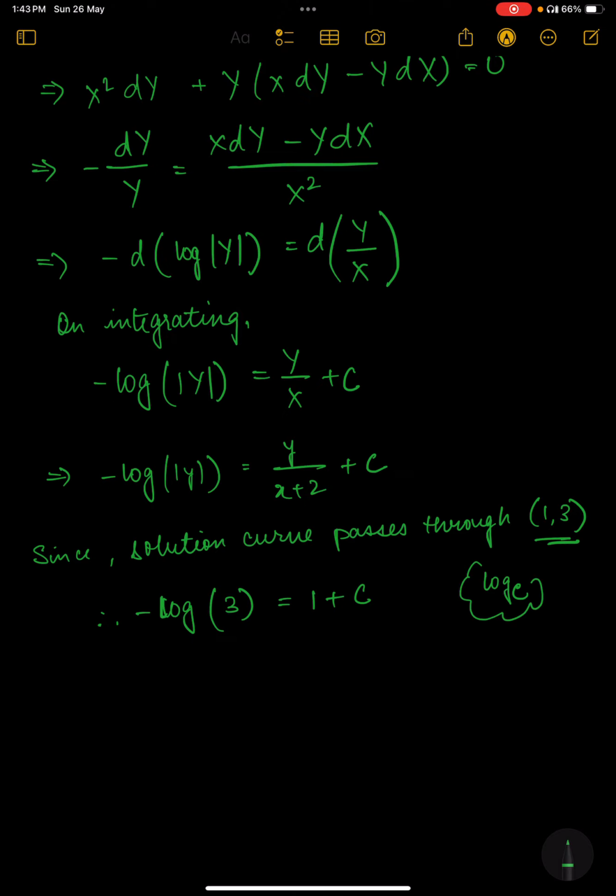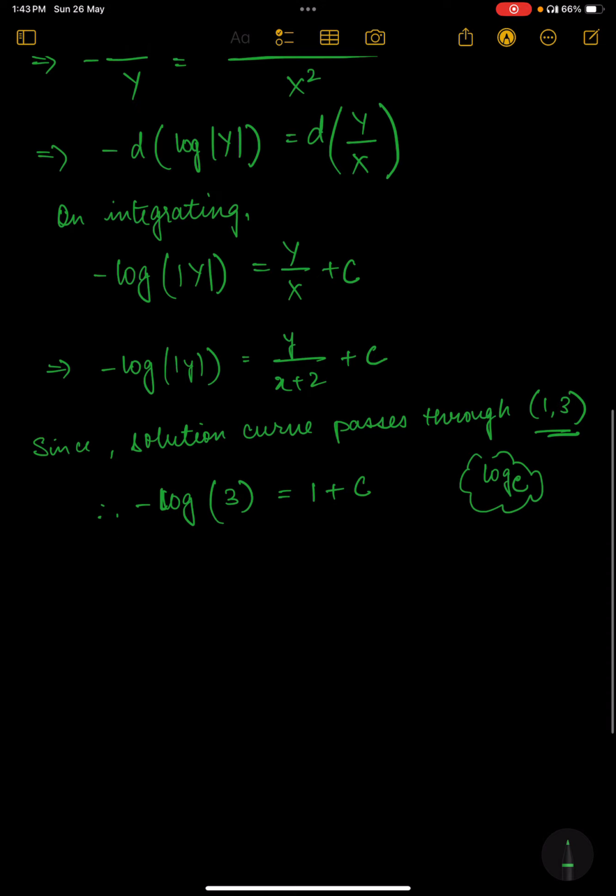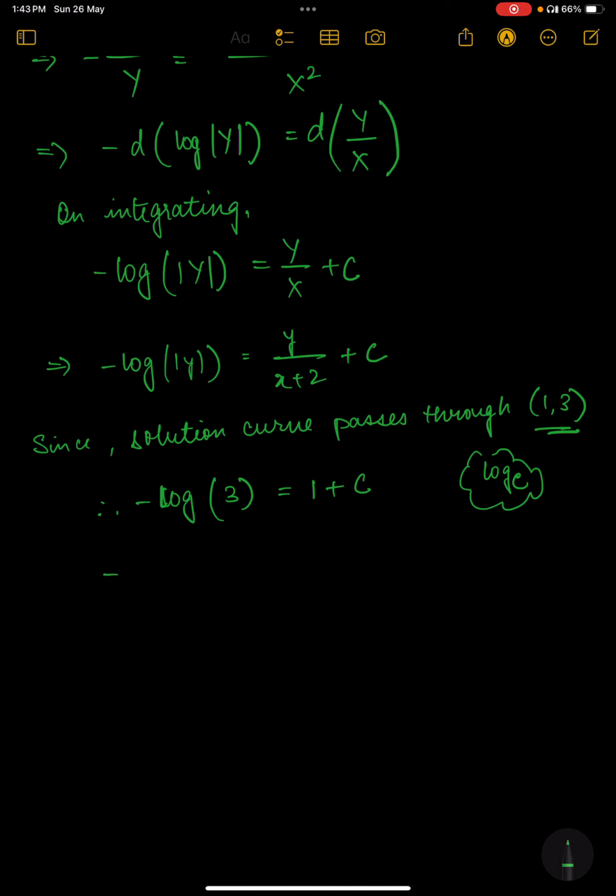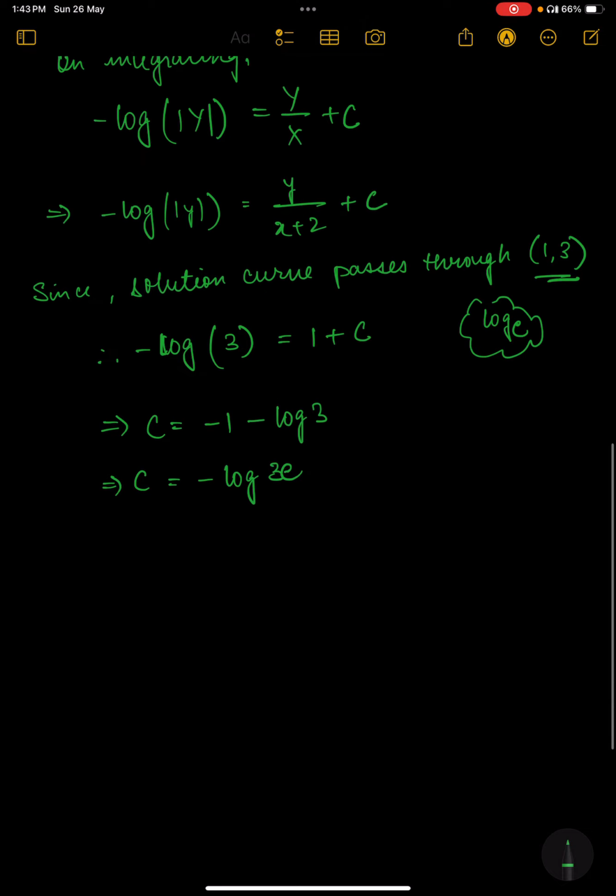Just bear it in mind. Now my integration constant C becomes nothing but minus 1 minus log 3, which is minus log 3e. So my integration constant is minus log 3e.